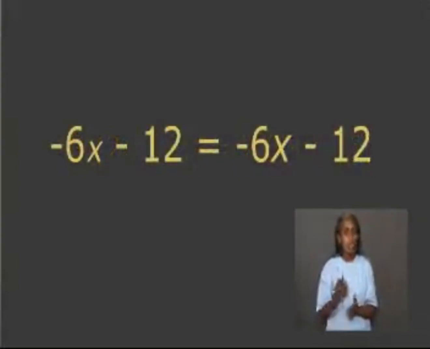Our first step is to expand the bracketed parts of the equation. This gives us -6x minus 12 equals -6x minus 12.